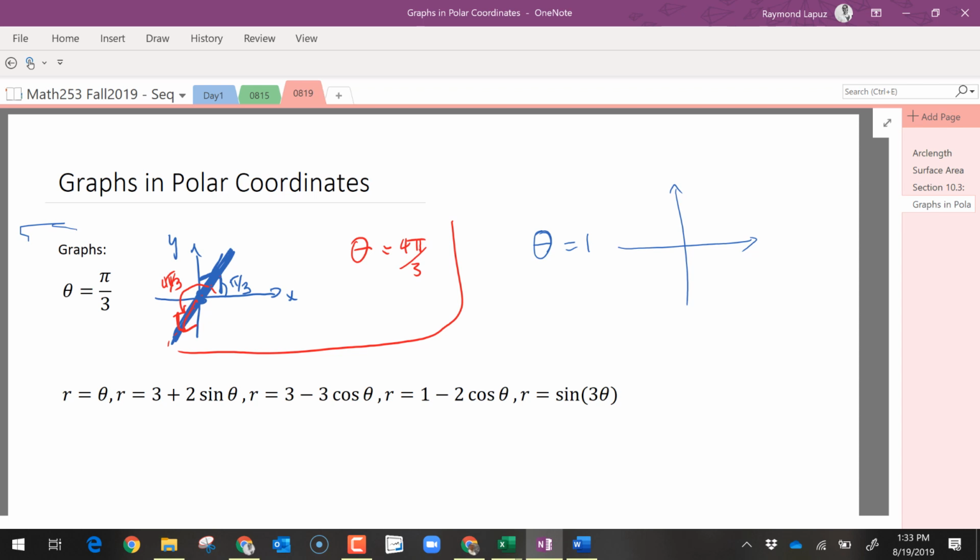I think pi over 4 is a little bit less than 1, and pi over 2 is 1.5 something. It's bigger than 1. So I would say that this is a line that's between pi over 4 and pi over 2. Okay?